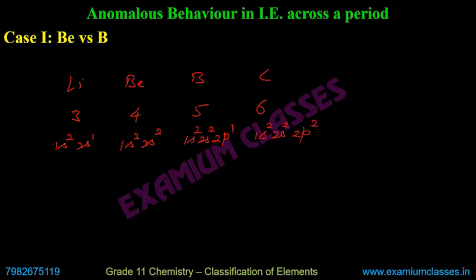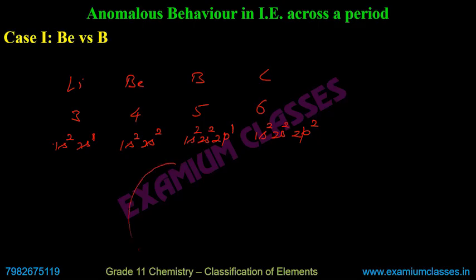Now see the difference. Here there is no significant difference. The valence electron goes in s orbital of second shell. Here also valence electron goes into s orbital of second shell. But here the valence electron enters p orbital.